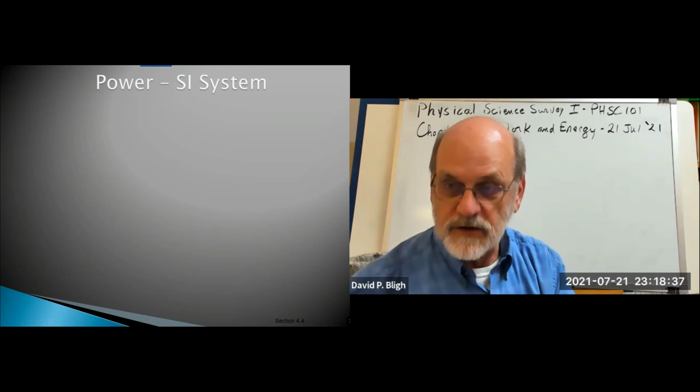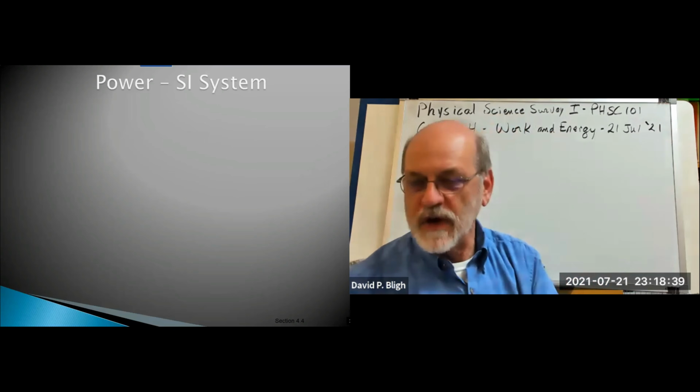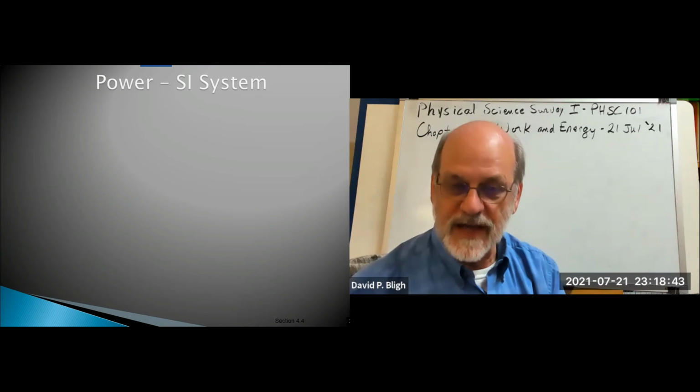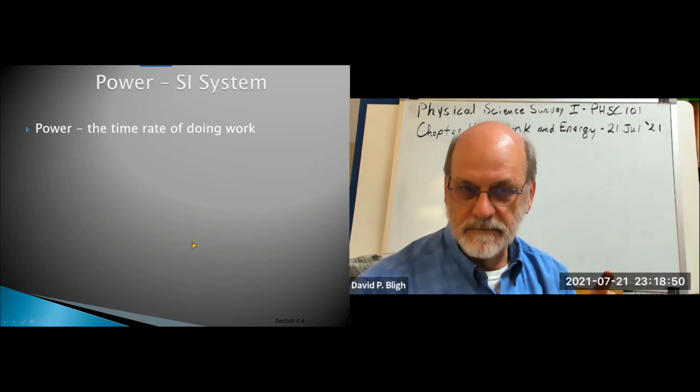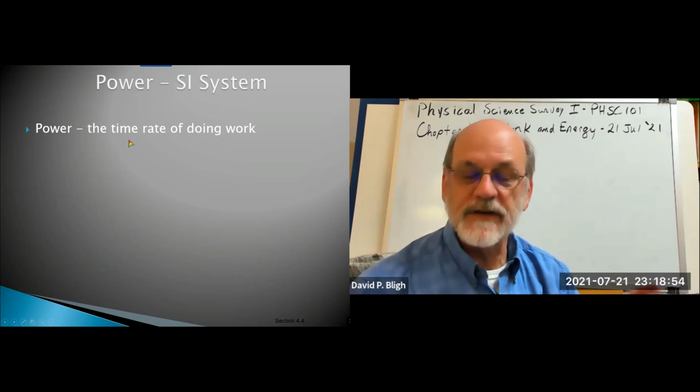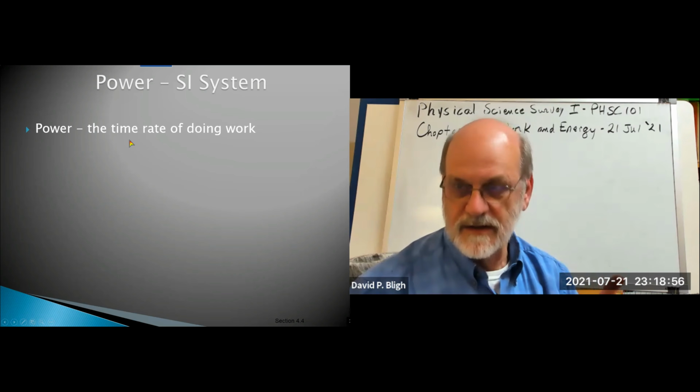Well, we can expend energy at a very slow rate and do work slowly, or we can expend energy at a high rate and do work fast. You can do the same amount of work in less time. The expression for that is called power. And power, in its simplest definition, is the time rate of doing work.